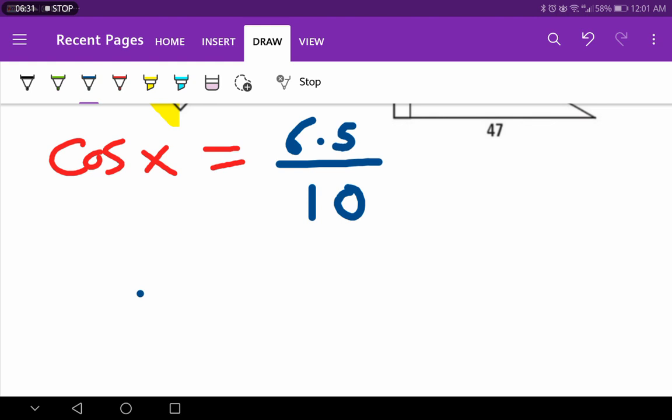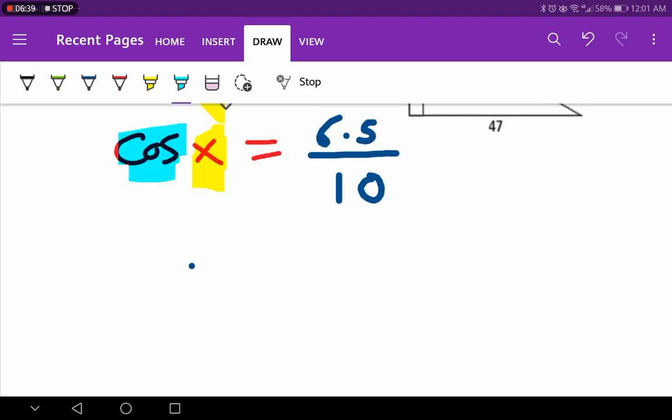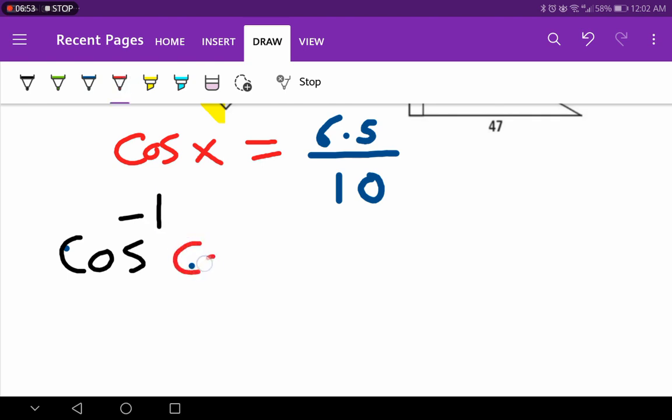Now you need the x actually, and to eliminate this cosine x, my dear student, you call something called cosine inverse for both sides. So I will call cosine inverse for the cosine x, and what I do on the left, I do on the right.